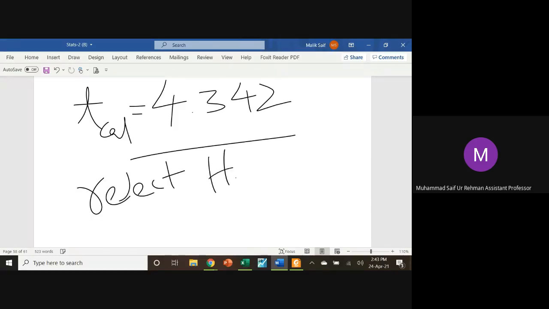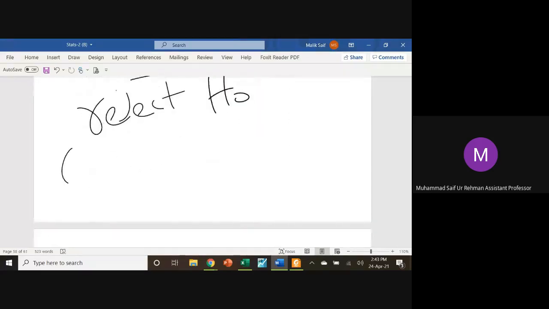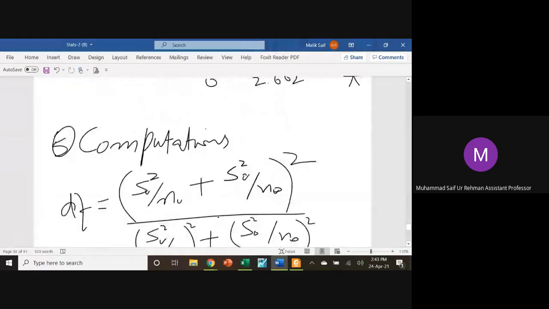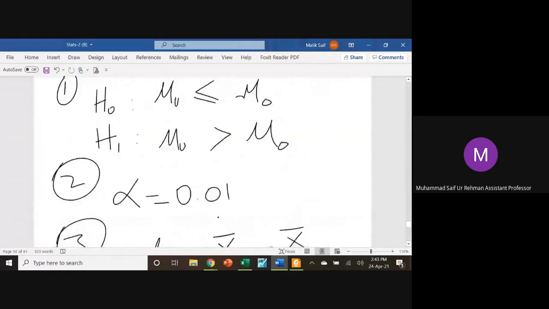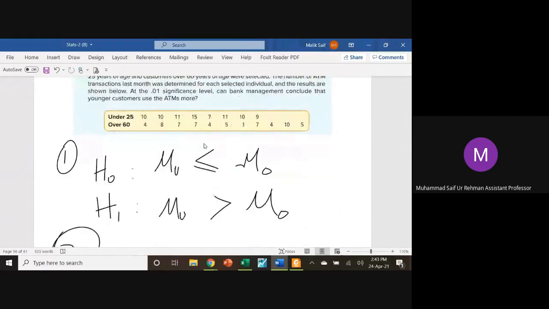Rejection of H naught means you have to explain it in the 6-step interpretation. I'm not going to explain it; you will explain it in your own words. As you are going to reject the null hypothesis, it means you are going to accept the alternate hypothesis.